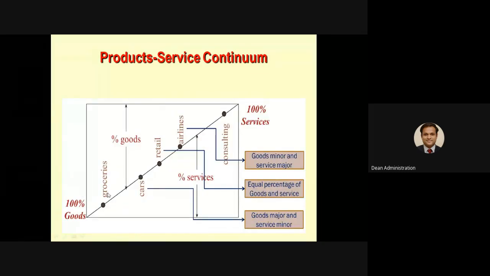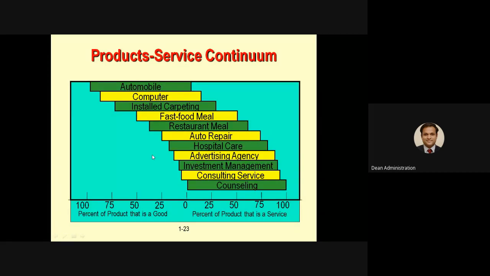So this is basically what this talks about: 100% goods, going from groceries to consulting. You can check out all of these slides where, for different industries, you have the percentage of product that is service and the percentage that is goods. So you'll see automobiles, more goods-based or FMCGs, and then you've got consulting, counseling. Most of that is service.